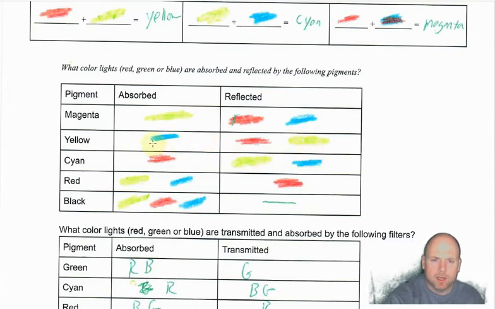It's all kinds of messed up, but sorry about that. Blue, red, green. RGB. Cyan, that light blue color, absorbs the red and reflects blue and green light. A red pigment absorbs both the green and the blue and reflects the red, and black absorbs everything and reflects nothing. That's why it appears black.